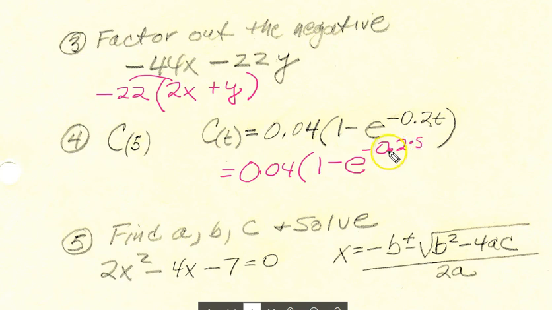Now, 0.2 times 5 is going to be a 1. So we can actually change this and make this a negative 1. That'll be much easier to calculate. All right, take a moment, put that in your calculator and see what you get.